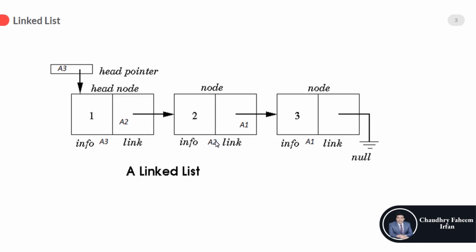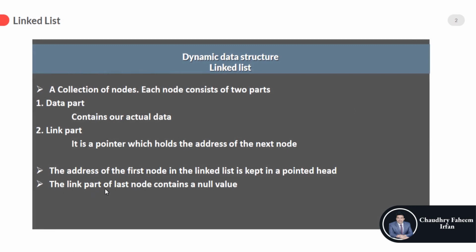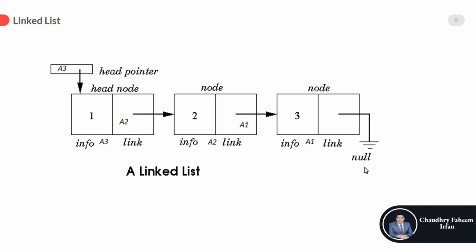Basically A3, A2, A1 are the addresses of the nodes. In the second node, data is 2, and the address A1 is the address of the third node. And in the last node, according to our definition, the link part contains a null value, because this node is the last node in the linked list.